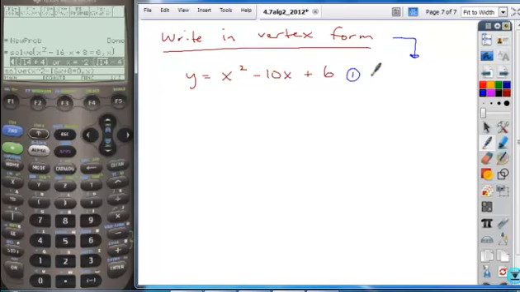What you're going to do here is group your variable terms together. We're going to group them in parentheses. So step 1, we group our x squared minus 10x into parentheses, and we leave a space.